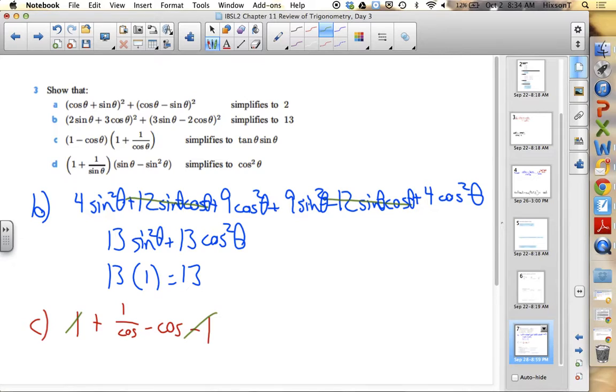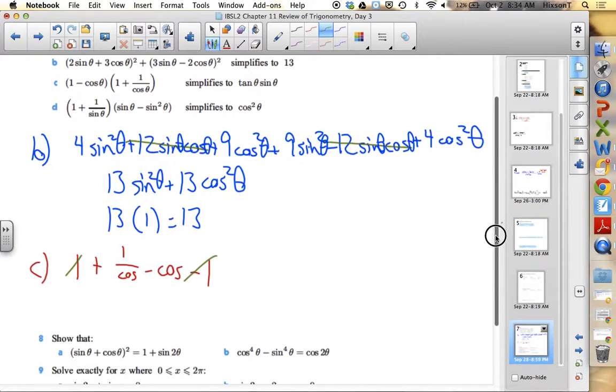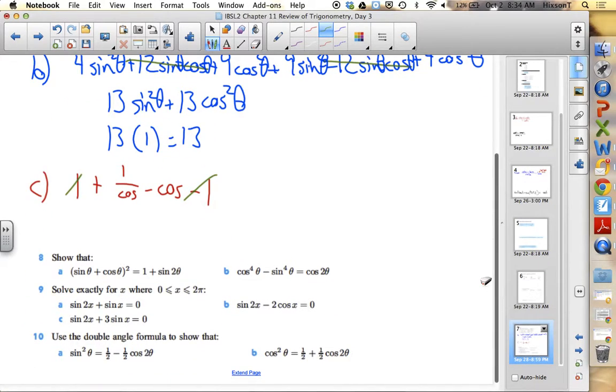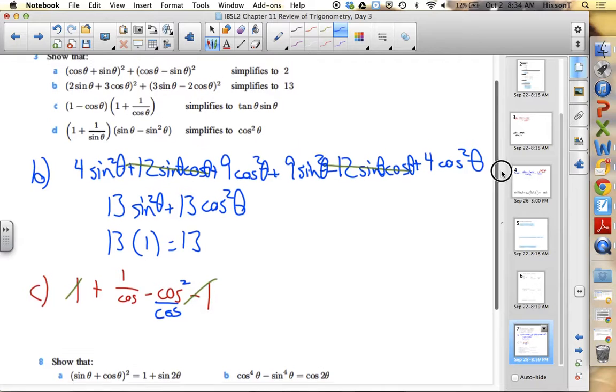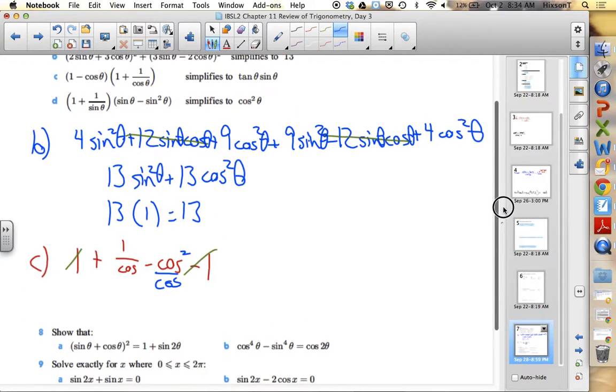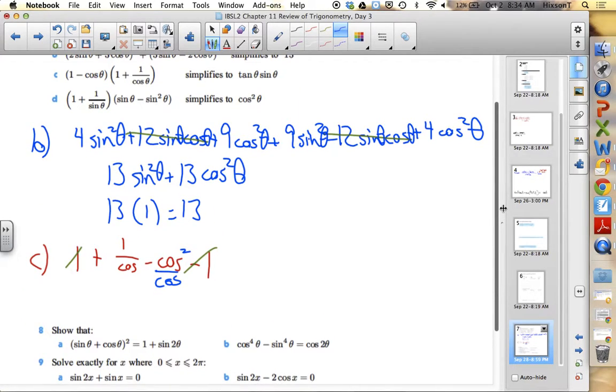Alright? What I would do with this is go ahead and get a common denominator. So I'd make that cosine squared over cosine. And really, the reason why I'm doing this, I've never done this problem before, so it's not like I know automatically how to do it.